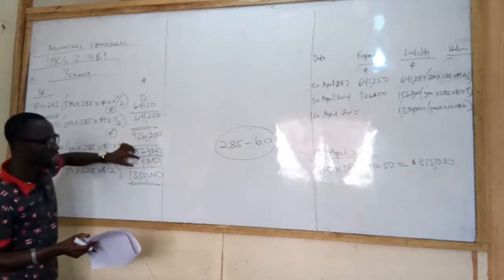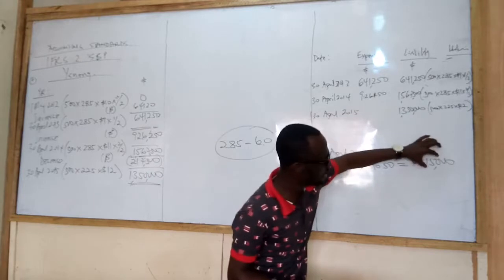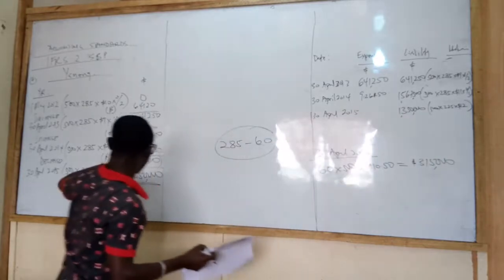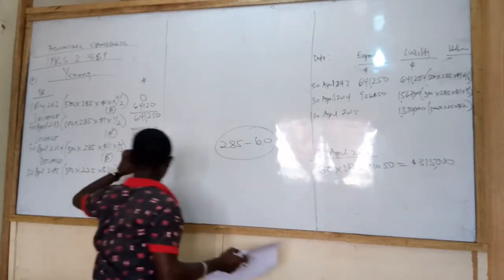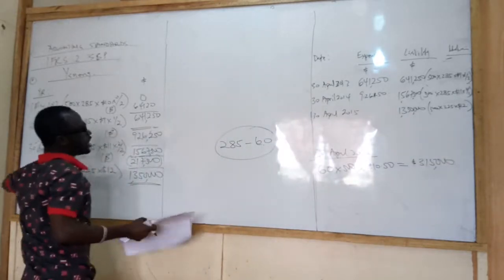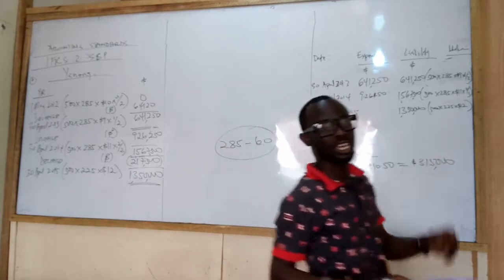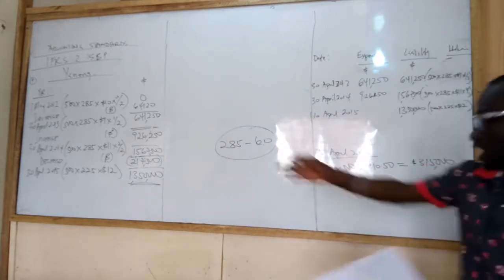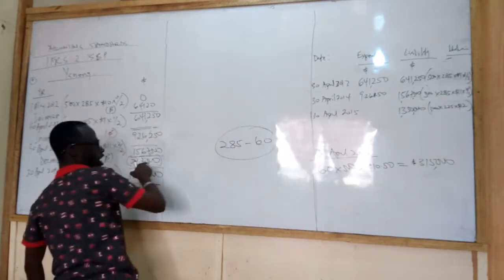So our total reduction is this figure, but then this is how much we pay them. So you strike the difference. The difference between what you paid them and the reduction in the liability is what has to be treated as expense. So this minus this, what do we have?